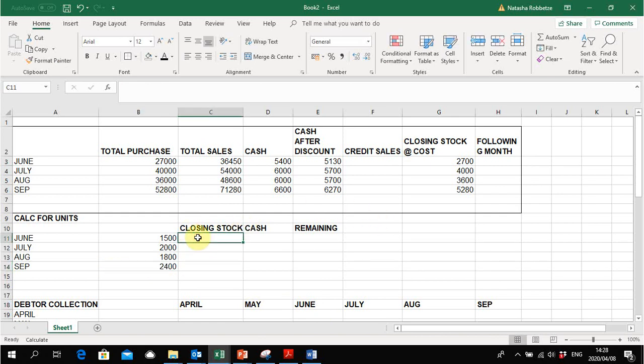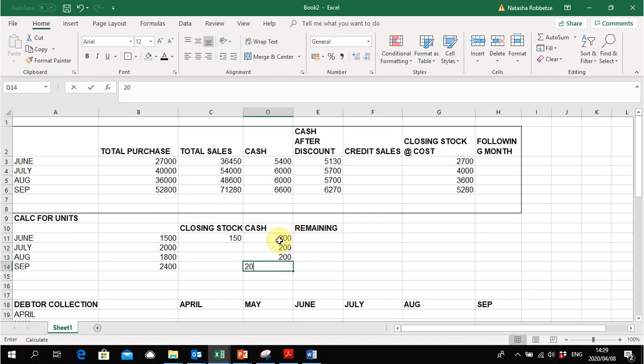I'm doing a calculation here in terms of units so that we can see how many units are remaining, and these units will be sold for credit. The closing stock will be 10% of our units, and the cash is always 200 units every month.